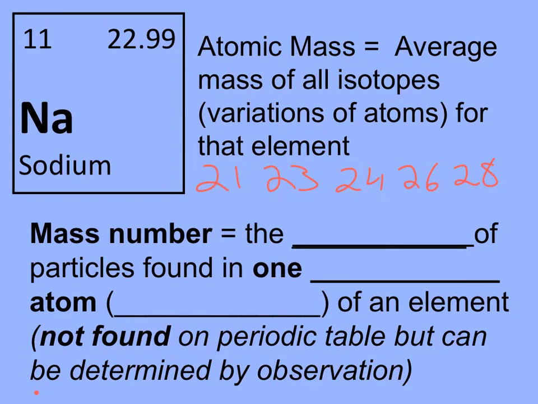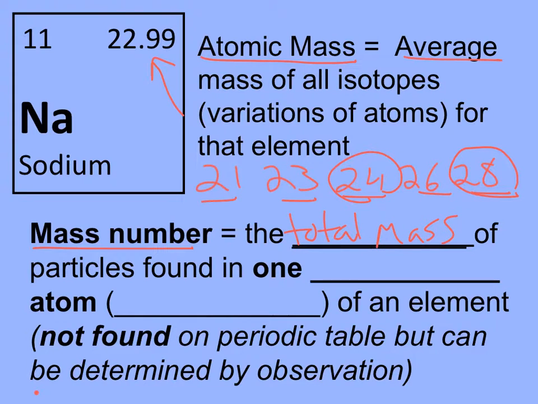So one of the essential questions that we want to be able to answer is, can we differentiate between the atomic mass and what's called the mass number? The atomic mass, remember, is the average of all the isotopes for that atom. So this is the atomic mass for sodium. Now the mass number, because we might be looking at sodium that's got a mass of 28 or 24, the mass number is the total mass of particles found in one specific atom or isotope of an element.